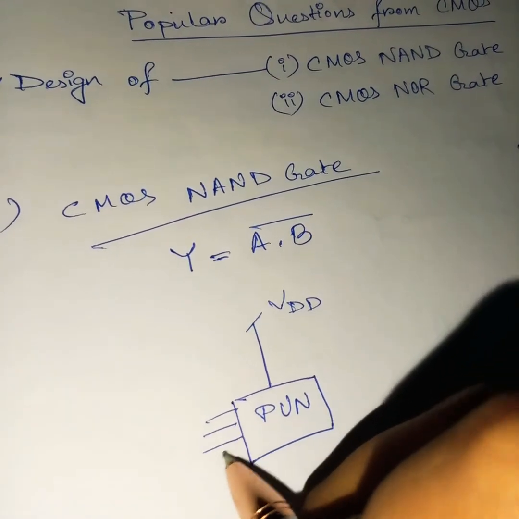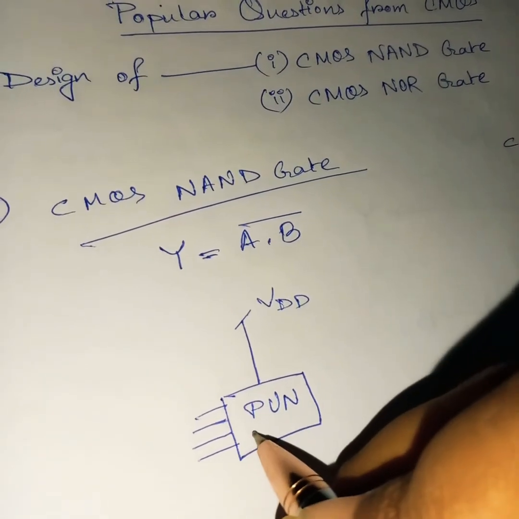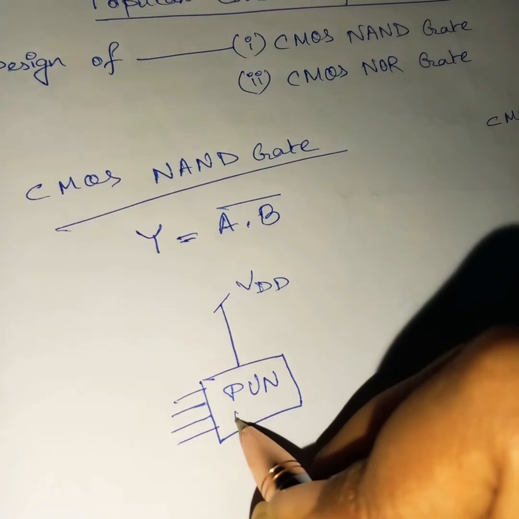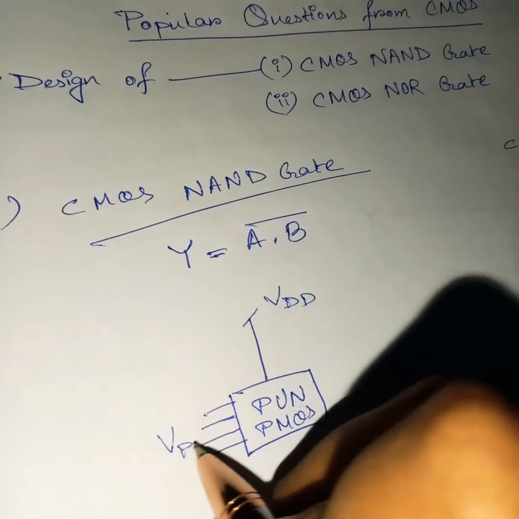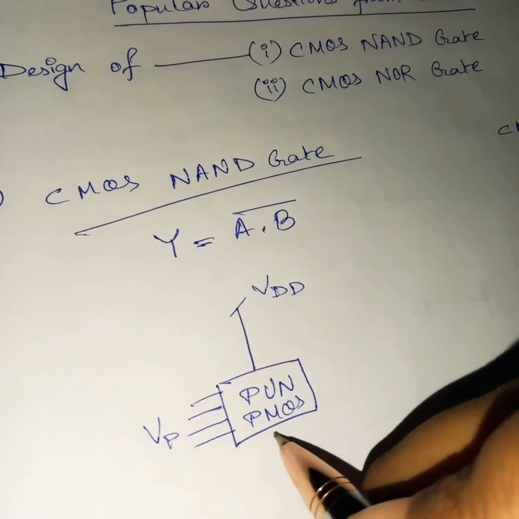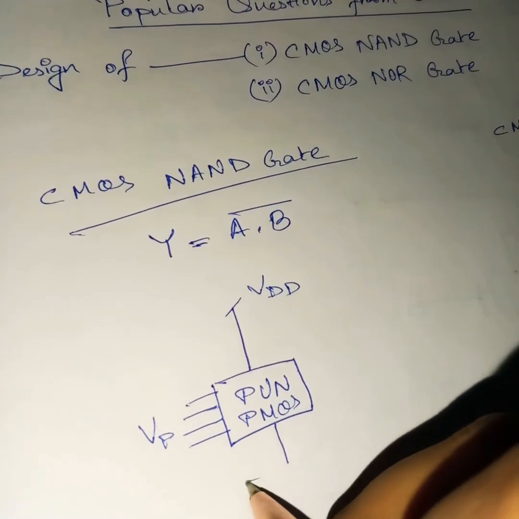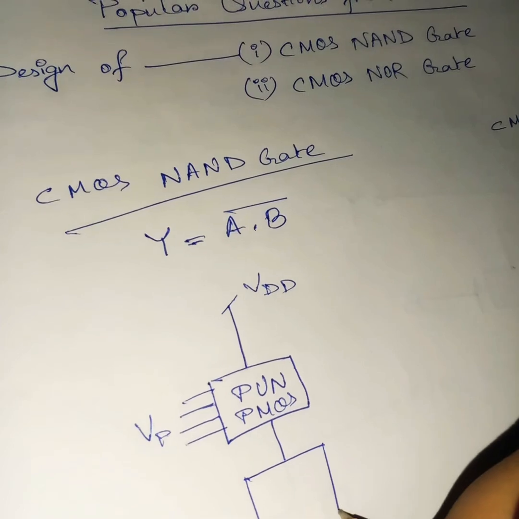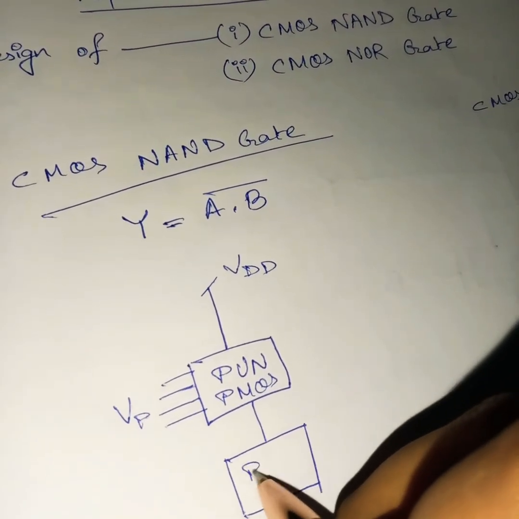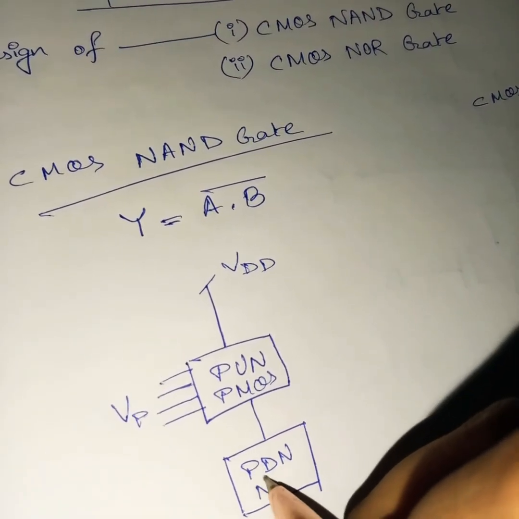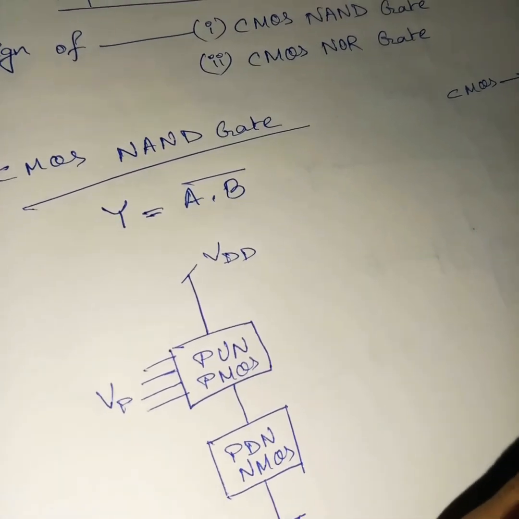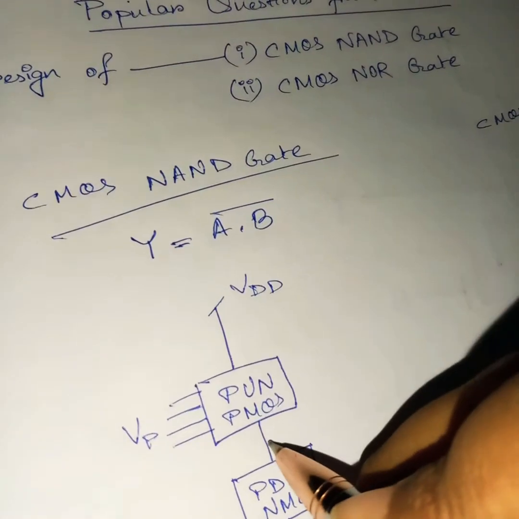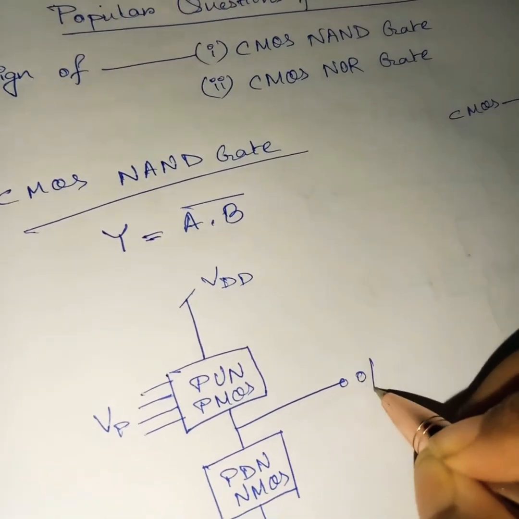Let's say these are the inputs coming. And power up network should be made up of PMOS. So let's make it as input as VP, and power down network should be made up of NMOS, which should be connected to ground, and output should come out from here.